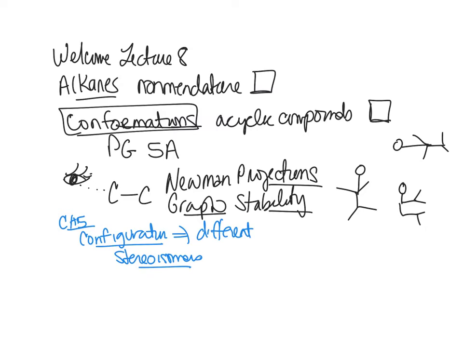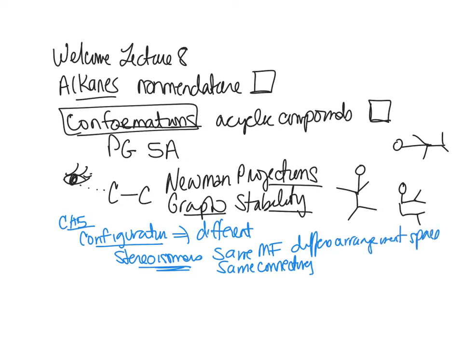You learned from a few lectures back that stereoisomers have the same molecular formula, and they have the same connectivity. But a stereoisomer has a different arrangement in space.